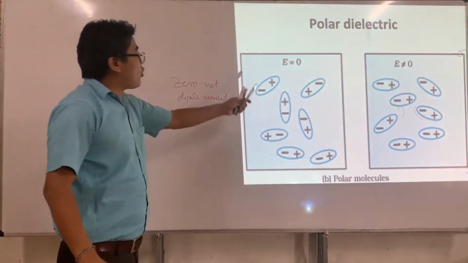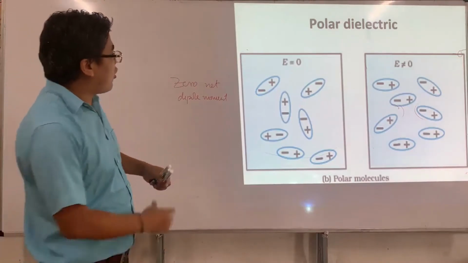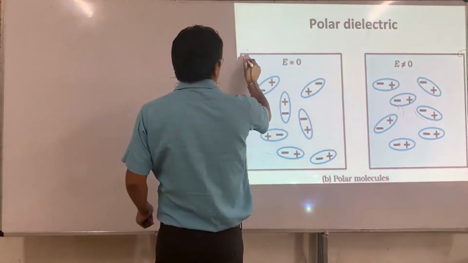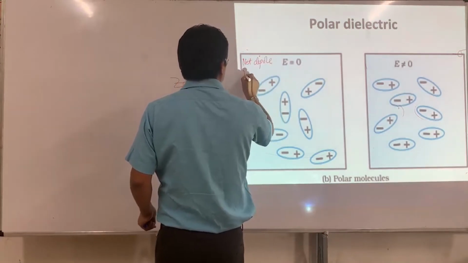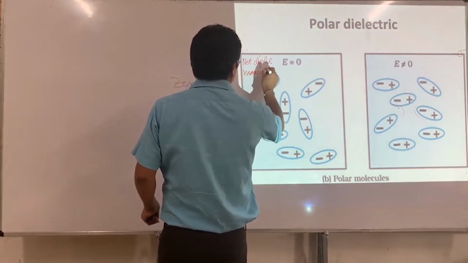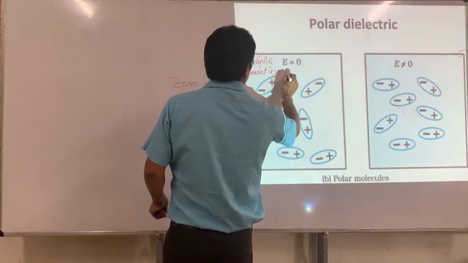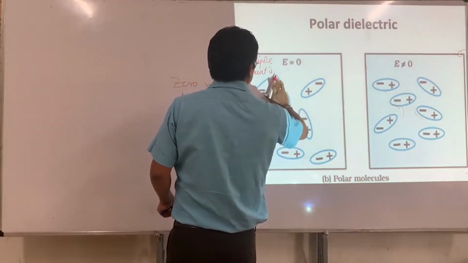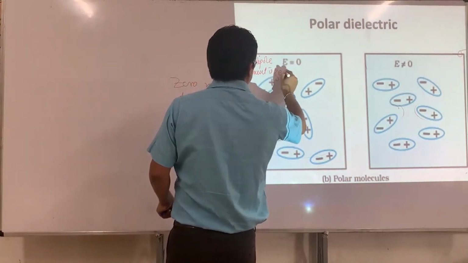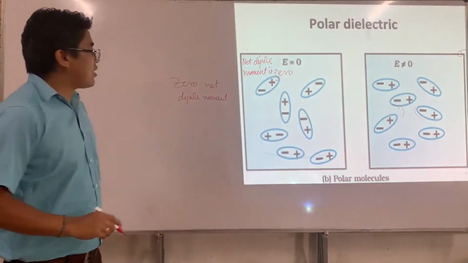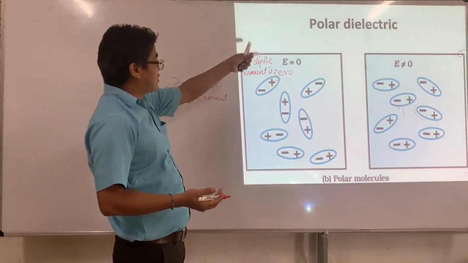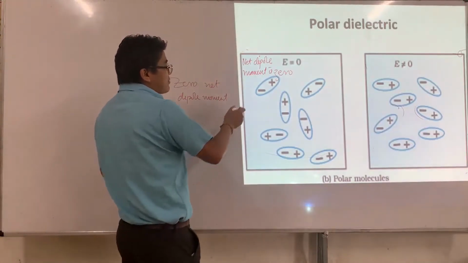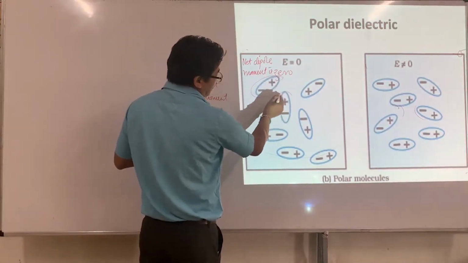I told you the overall net dipole moment is 0 if the applied external electric field is 0. However, each molecule has a net dipole. Look here, each molecule has one.